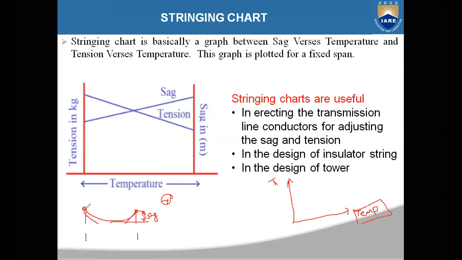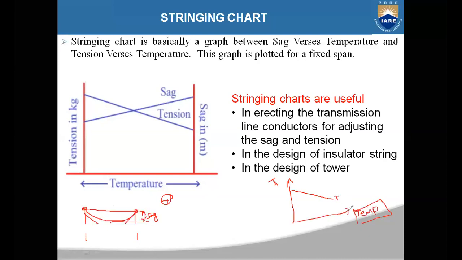If the conductor is in a straight line, that means stretched tightly between the two supports, then you will have maximum tension. As the temperature increases, the conductor expands, so sag increases and tension decreases. Tension decreases as you increase the temperature. So this is the tension curve.